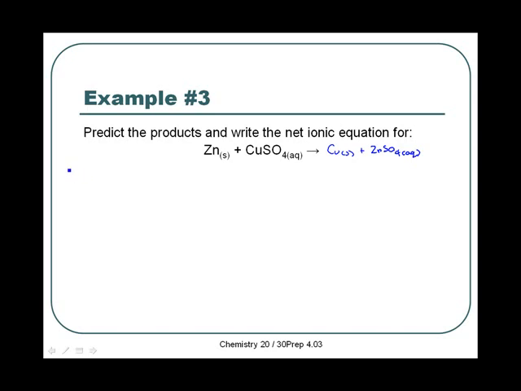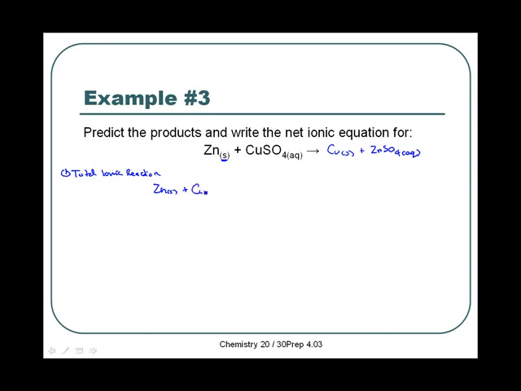The next thing we're going to do is write down the total ionic reaction. So the total ionic reaction would be, now zinc we don't write as an ion because it exists as a solid, so it's not an ion, it's elemental zinc.